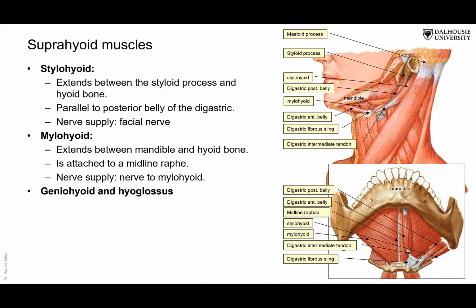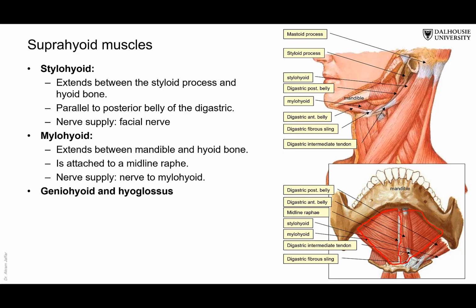And then we have another muscle, apart from stylohyoid, which is called the mylohyoid. This is one muscle on this side, and this is the other mylohyoid muscle. Mylo means it's attached to the mandible, and hyoid means it's attached to the hyoid bone, and that's the extent of the muscle. These two muscles meet in the midline in what we call a midline raphe.